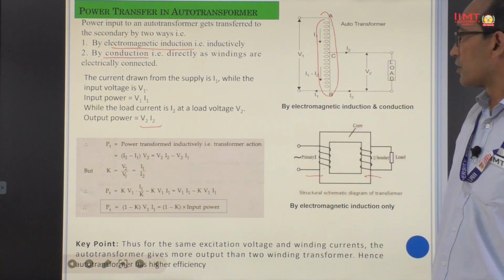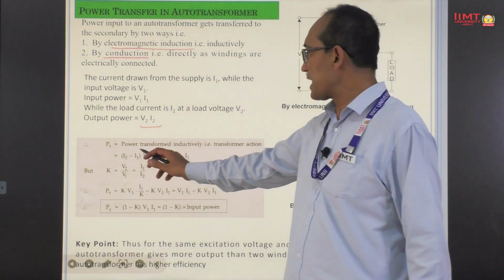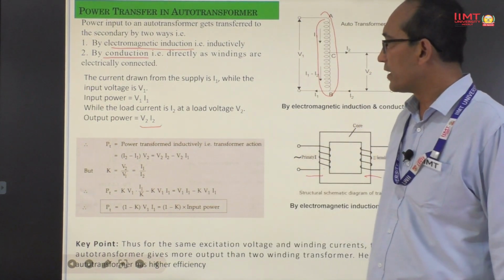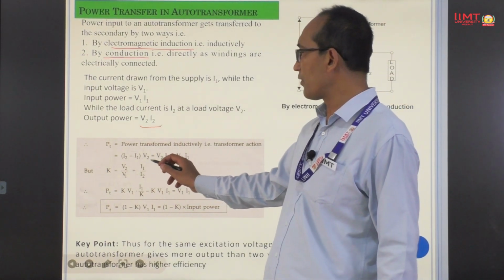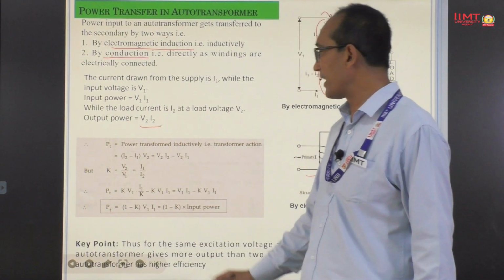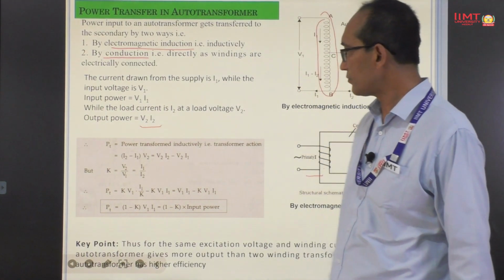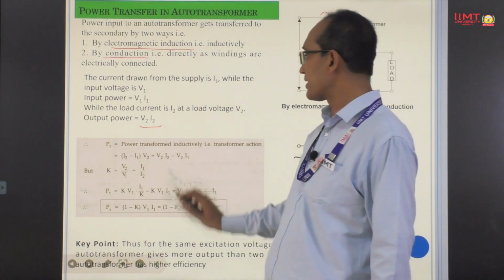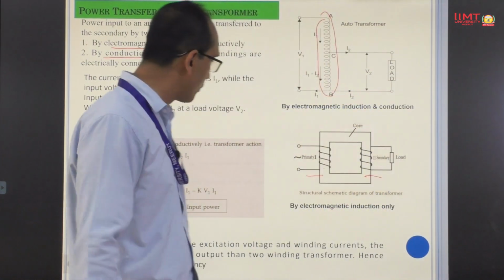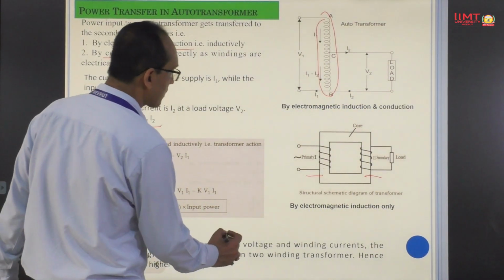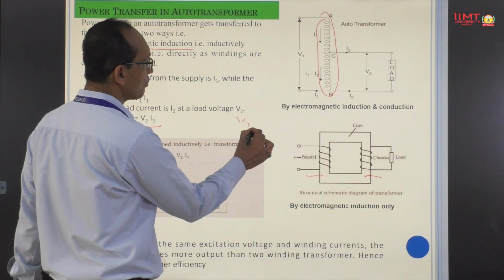So the power transferred inductively is equal to (I2 minus I1) multiplied by V2, which is equal to V2 I2 minus V2 I1.